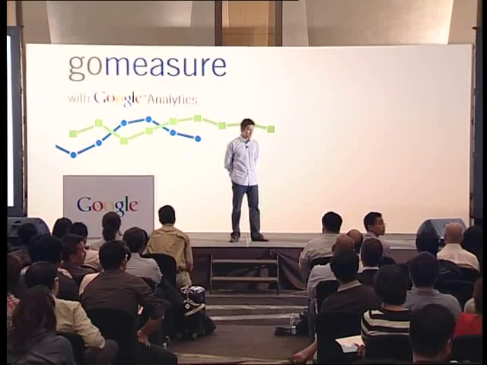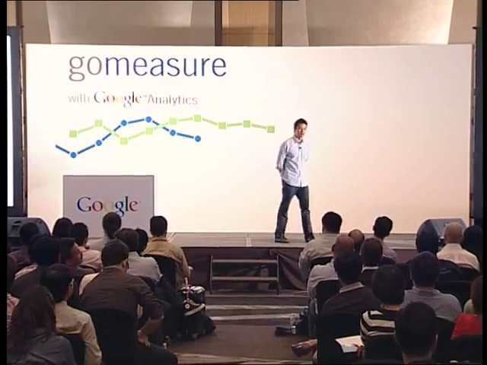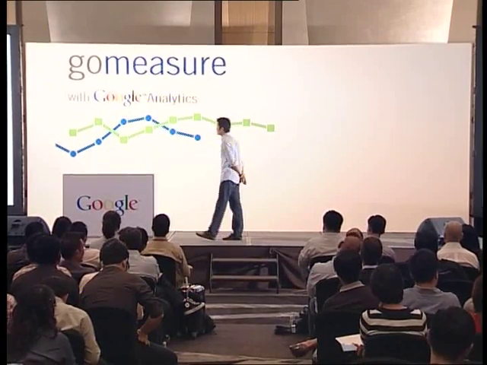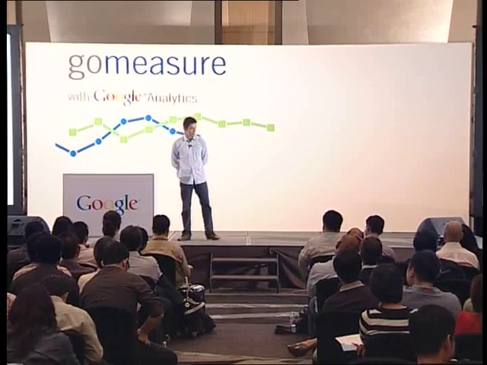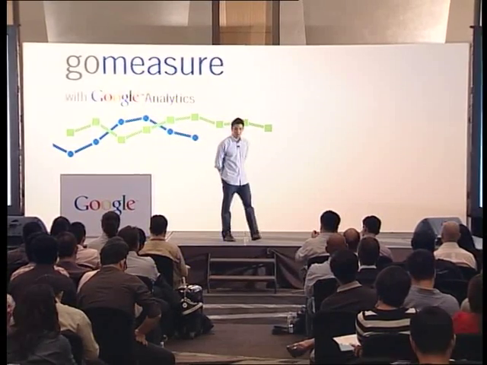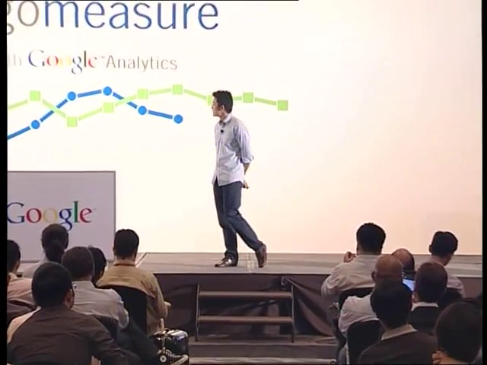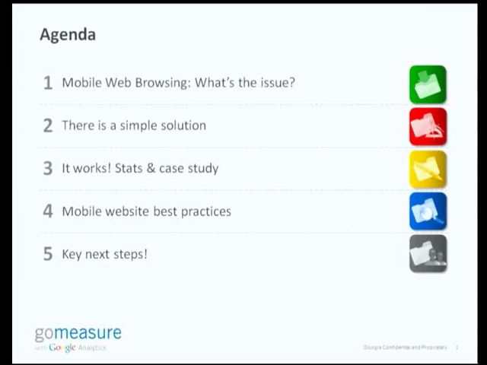Today, I'm going to speak to you about the best practices of having a good mobile landing page as well as an optimal site usability. For the next 10 minutes, I'm going to speak to you about the common and the most obvious problem affecting mobile web browsing.